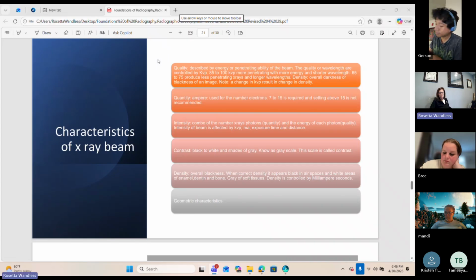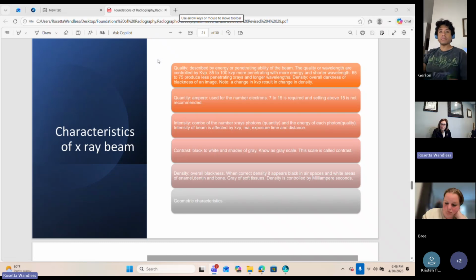Now, density. Density can have two definitions. In this definition, when we're talking about characteristics of an X-ray beam, we're talking about the overall blackness of a film, okay? The overall blackness of a film. If we were talking about a human, a dense human, that means like bone structure. We talked about that.